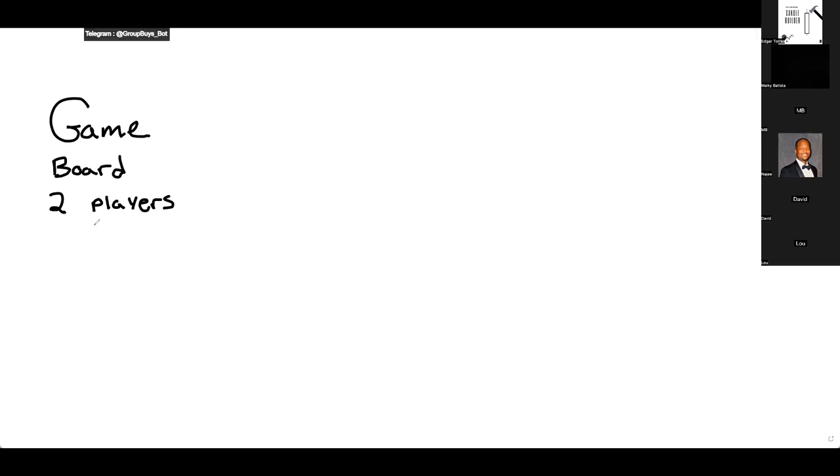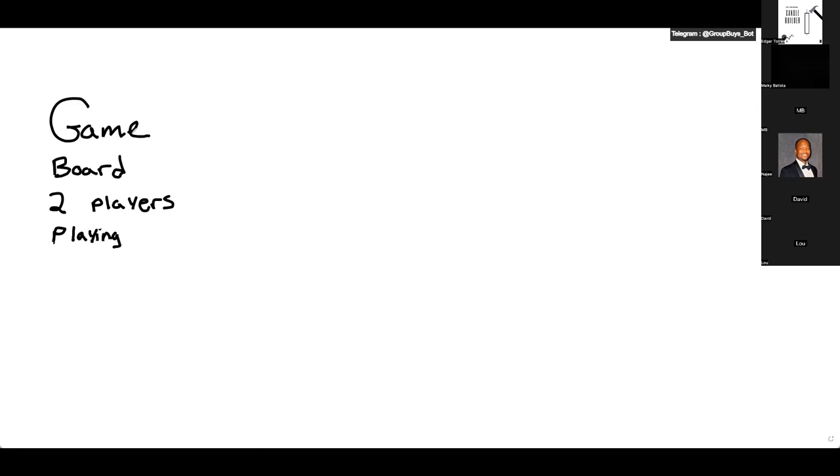There's always a game, there's always a board or a place where this game is played with these two players. And when they're playing, what's playing in this case? Participating. It's the activity that those players are participating in. They're playing. Playing what? The game. So the game is played on a field. So we have soccer.